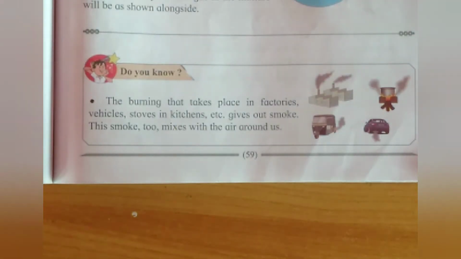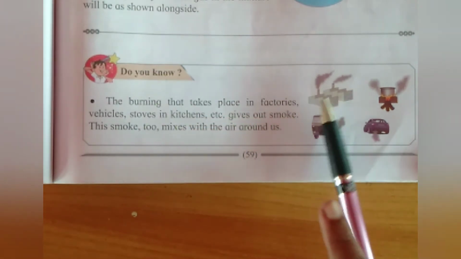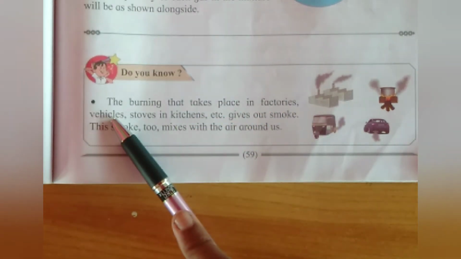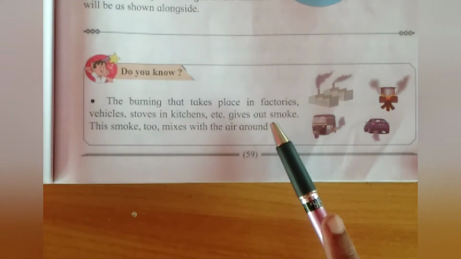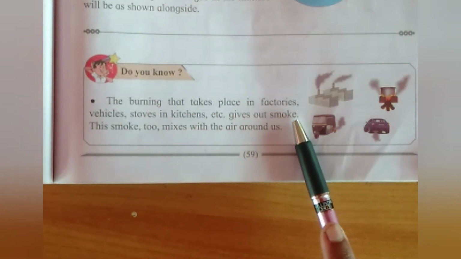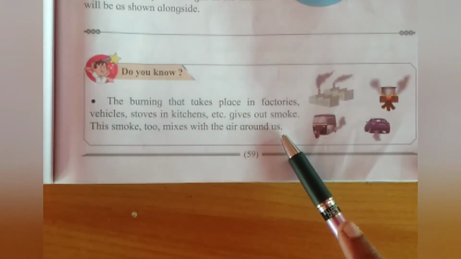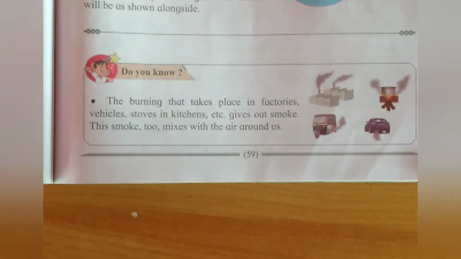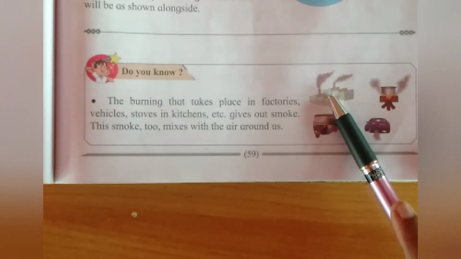So students, do you know the burning that takes place in factories, vehicles, stoves in the kitchen, etc. gives out smoke, and this smoke too mixes with the air around us. Here is a picture of smoke coming out from factories.